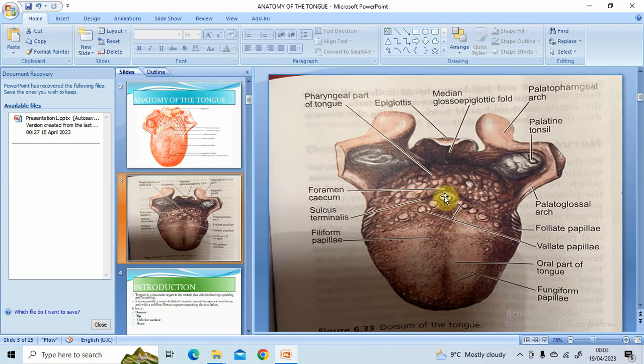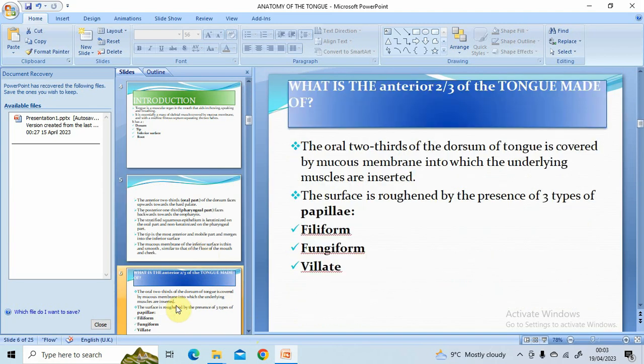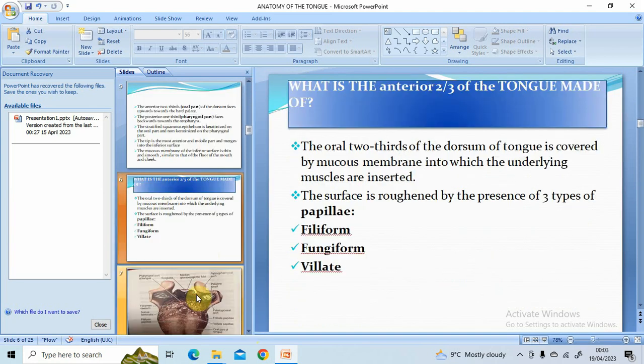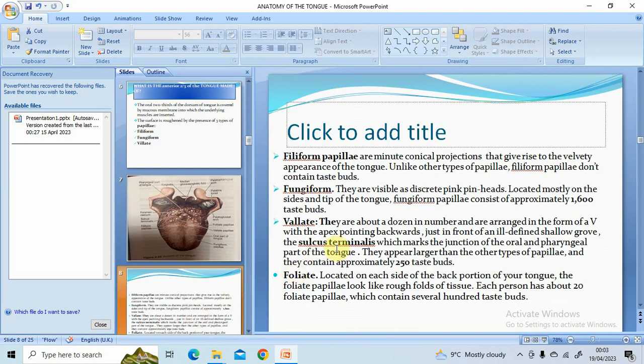So this depression, the round sulcus, has an accentuated wall, and the sulcus contains a lot of taste buds. I will explain more. Like I said, this is the diagram of the tongue, and this is the explanation. About 250 taste buds are embedded within the vallate papillae.